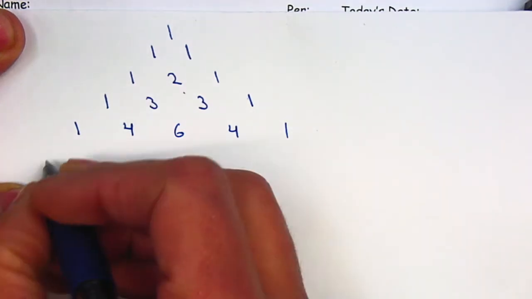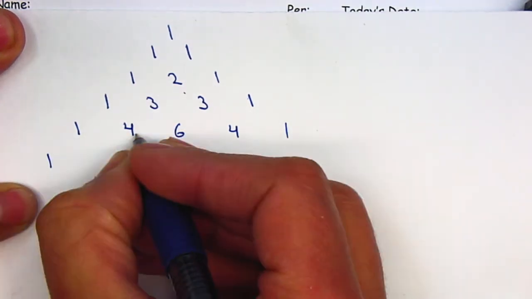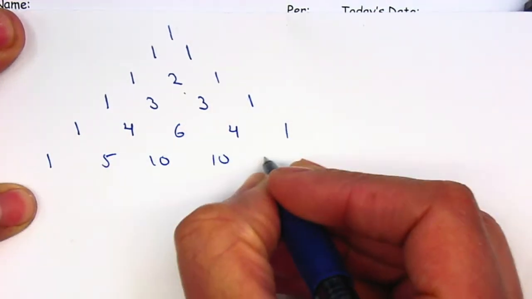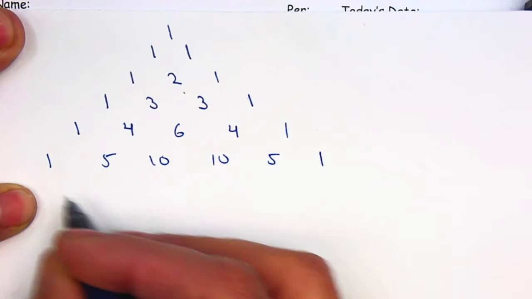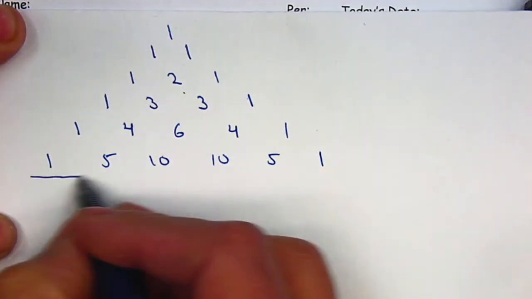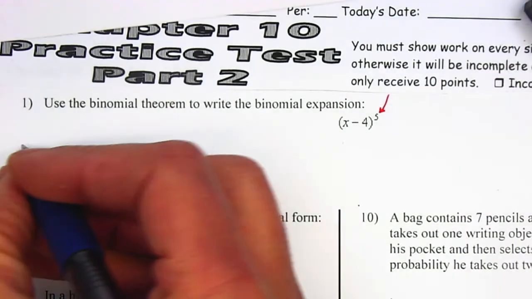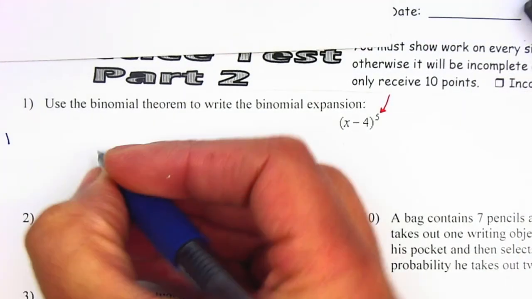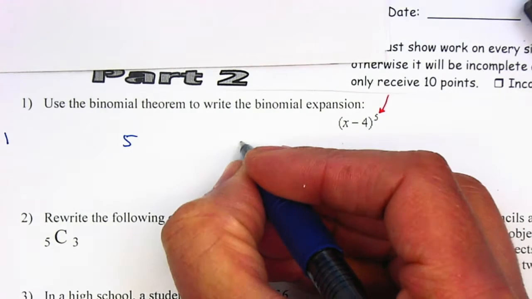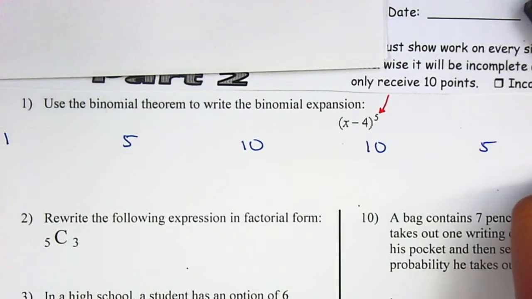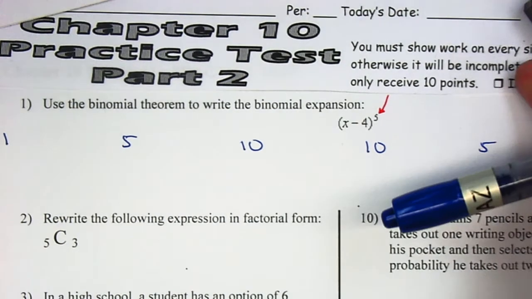Let's do one more: 1, 5, 4 plus 6 is 10, 10, 5, and 1. I'm going to use this row for my expansion, which is 1, 5, 10, 10, 5, and last will be 1.